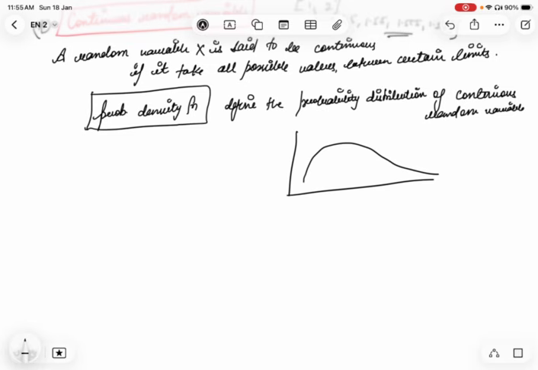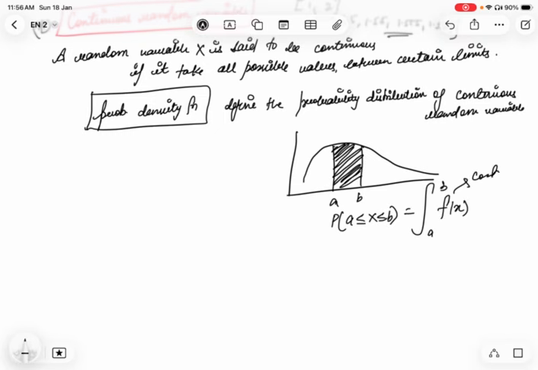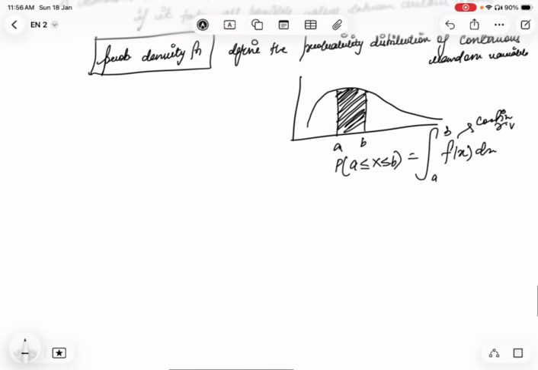So these are some of the continuous distribution functions. You have to calculate the probability that x lies between a and b. How will you define it? We will take the help of integration: the integral from a to b of f(x) dx. This is how you define the probability distribution of the continuous random variable.